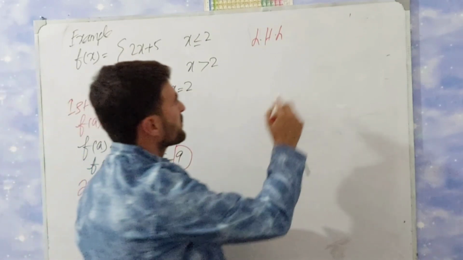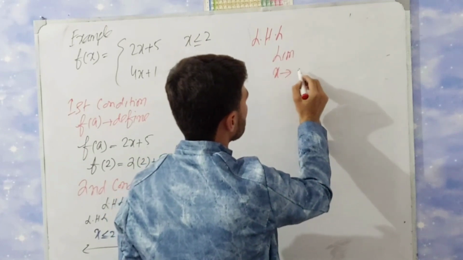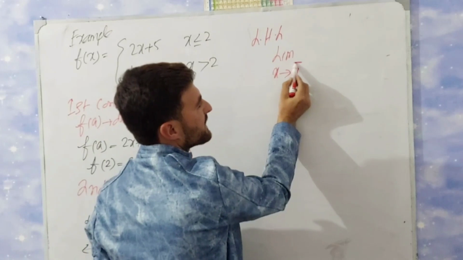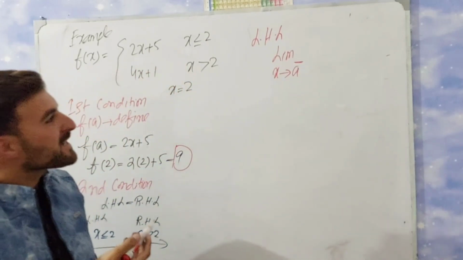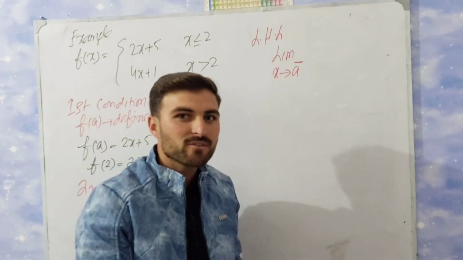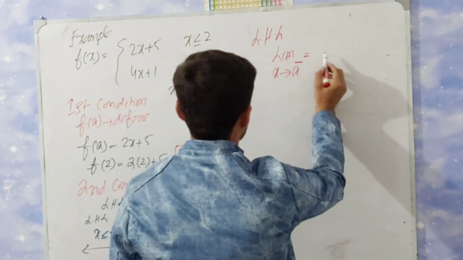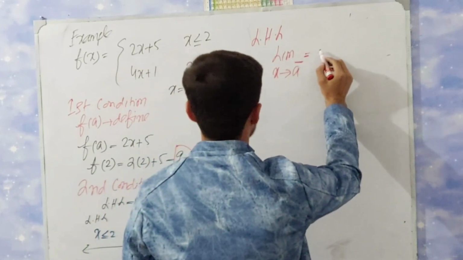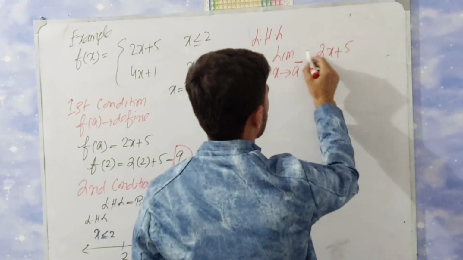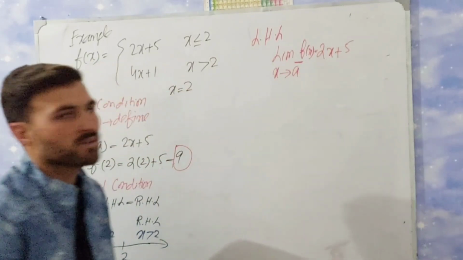In the left hand limit, we say limit x tends to 2 with a minus sign. It does not mean that the value is negative, but it means that we are coming from the left hand side. f of x is equal to 2x plus 5.